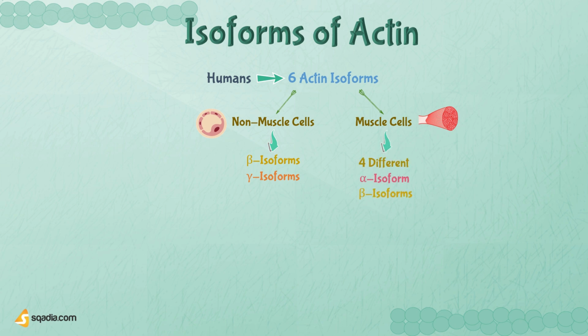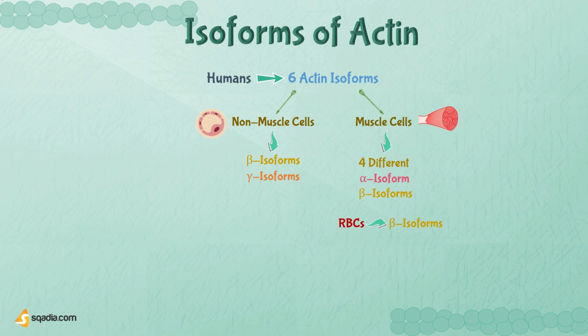But red blood cells have their favorite. Beta-actin all the way. These isoforms bring a touch of individuality, allowing actin to interact with different proteins based on the specific needs of muscle and non-muscle cells. It's like having different dance partners for different occasions.